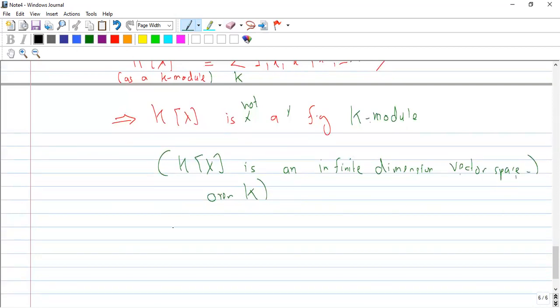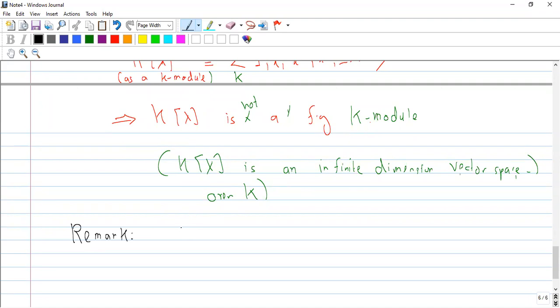Now there is a remark that अब हम लोग जो ज्यादातर अपने इस कोर्स में इंटरेस्टेड होंगे, फाइनाइटली जनरेटेड मॉड्यूल्स में ज्यादा इंटरेस्टेड होंगे. So okay, we know that we have studied earlier what is the sum of submodules.